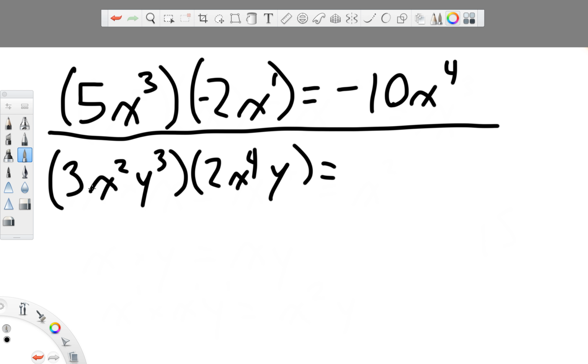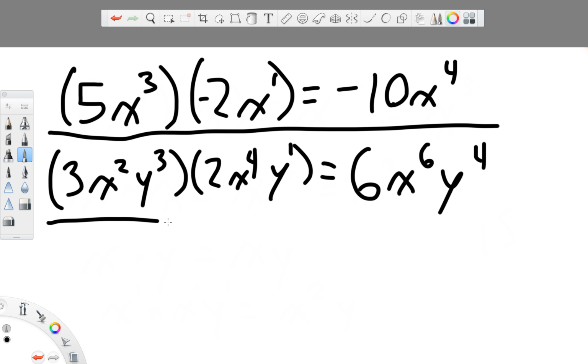Let's first do the coefficients, right? 2 times 3 is 6. Now we have the x's. We have x to the power 2 and then 4. As we know, when we multiply variables together, we add their exponents. So x to the power 2 plus 4, which is x to the power 6. And we do the same thing with the y: y to the power 3 plus y to the power 1, so it's going to be y to the power 4.